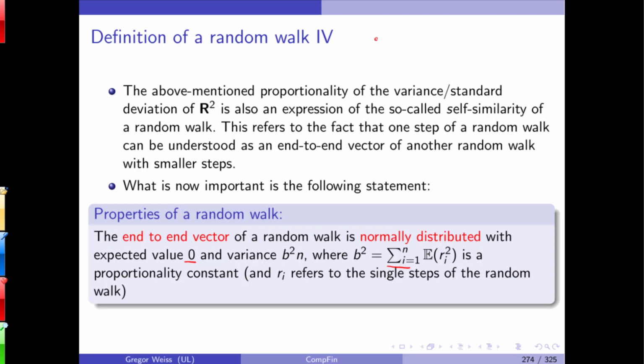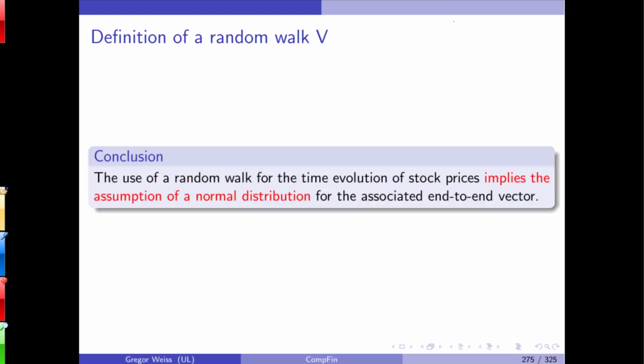So, for example, this is R1, and this is R2, R3, R4, and so on. For some reason, we don't need to know why here, but if you assume a random walk for your prices or stock returns, suddenly you are led to the normal distribution. And I'll talk about this in a second.